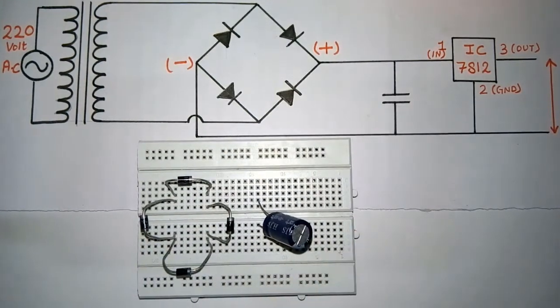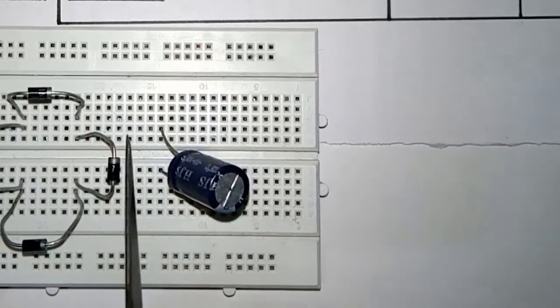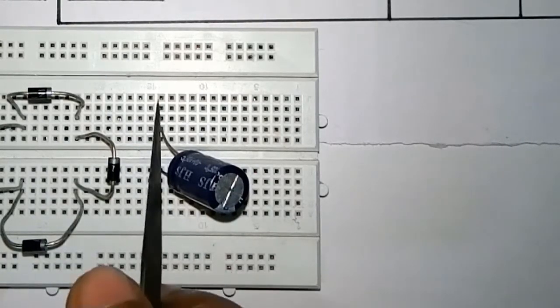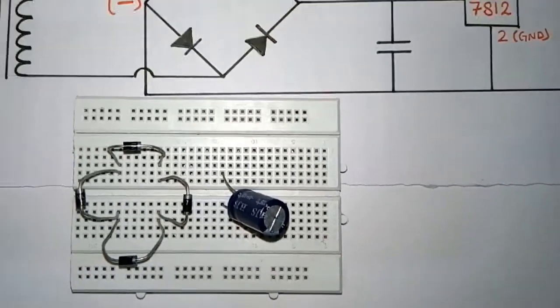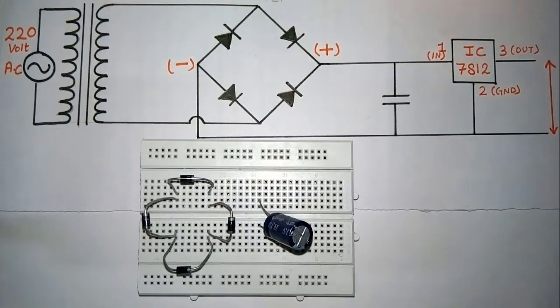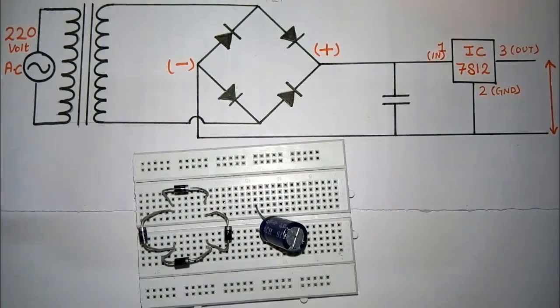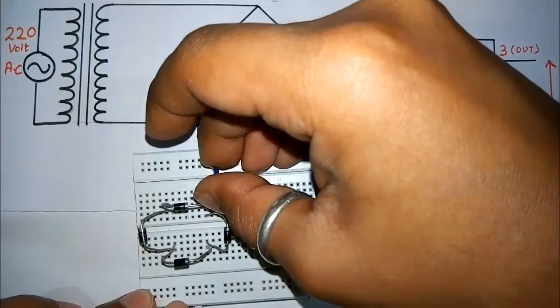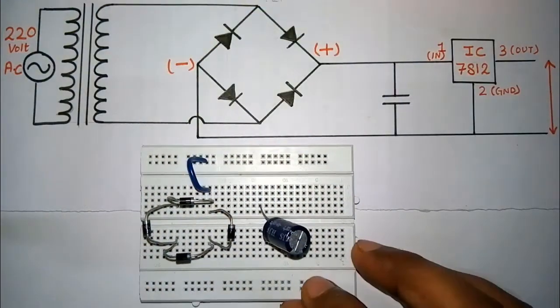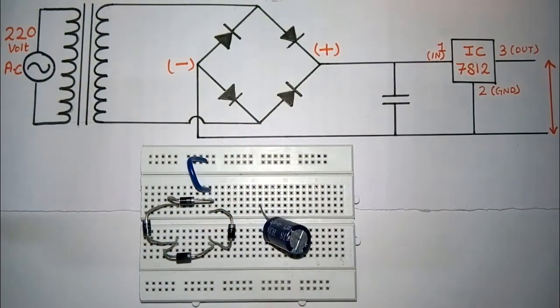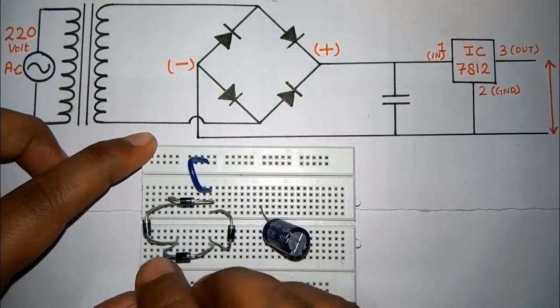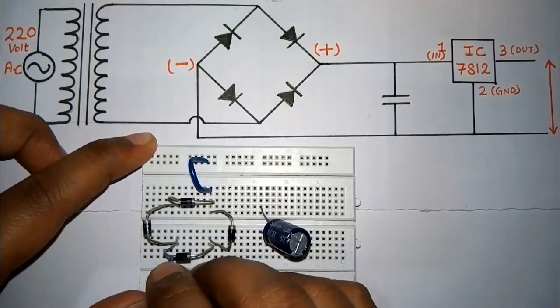Now I have to connect my capacitor with the diode. Positive, negative. The positive wire. I'm taking my upper half as the positive and the lower half as the negative.